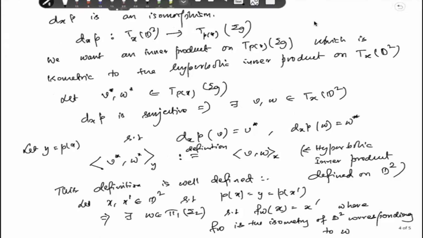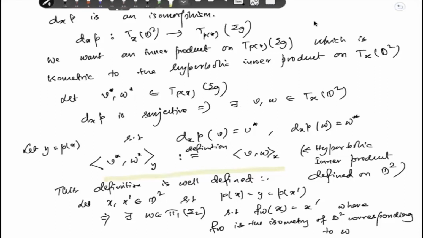And clearly, because of this, the inner product defined on the tangent space of this sigma g is isometric to the inner product defined on the unit disk.